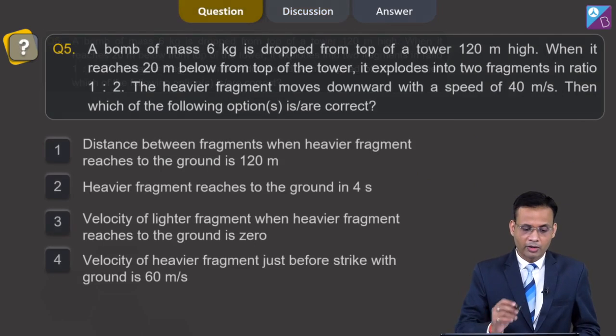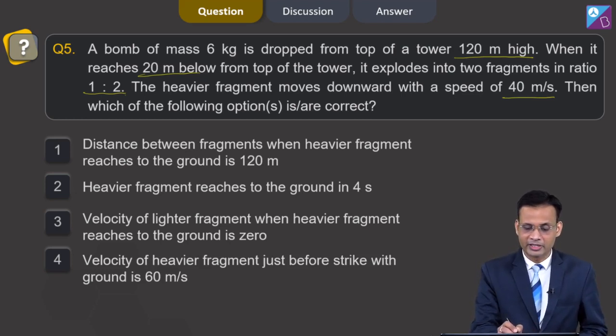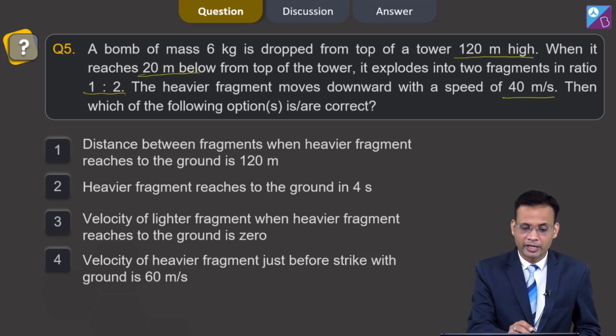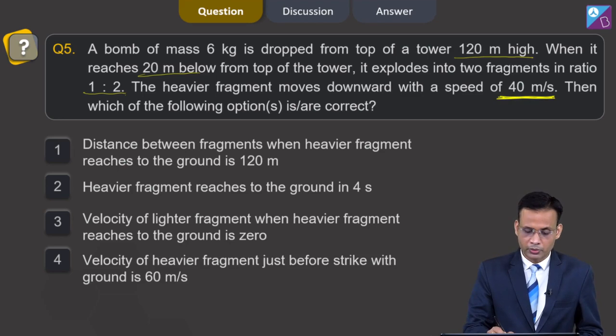Now, if you look at our options, let us take option 2, which states that the heavier fragment reaches the ground in 4 seconds. It is given in the question that the heavier fragment moves downward with a speed of 40 meter per second. So, let us first solve for option 2.